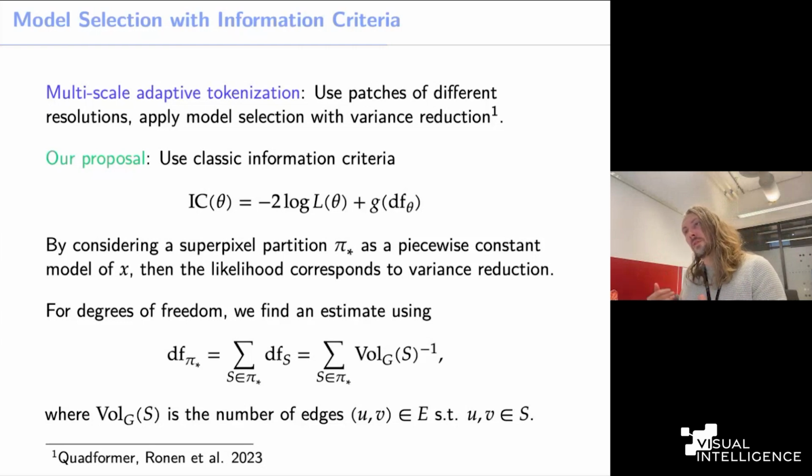For the degrees of freedom, you have to consider how many parameters are inherent in the model. The parameters for the superpixel model of the image correspond to how many regions are used in the model, so how many patches you use.